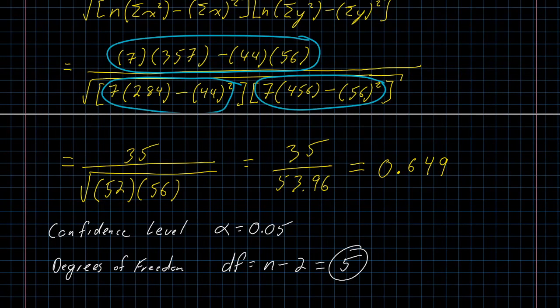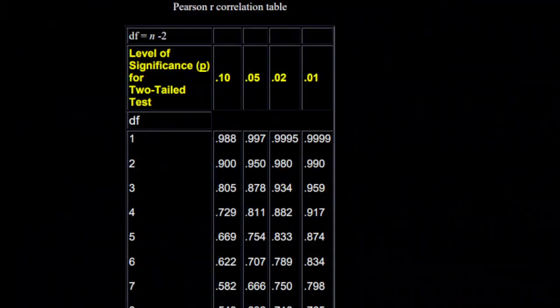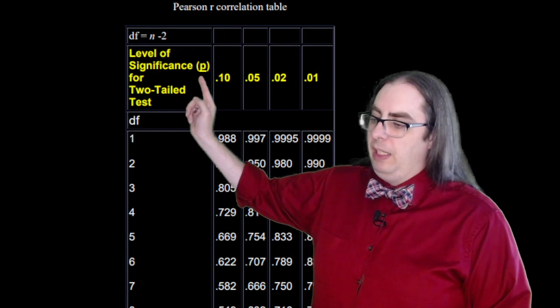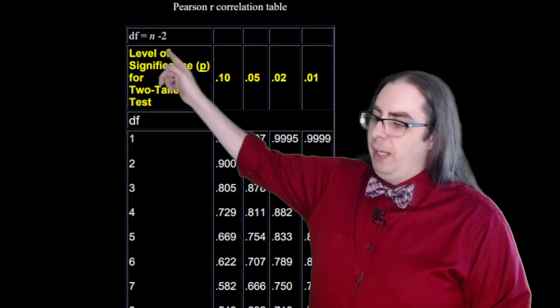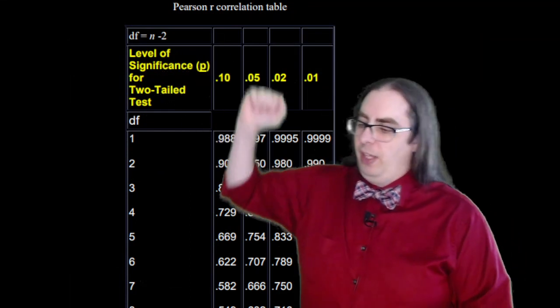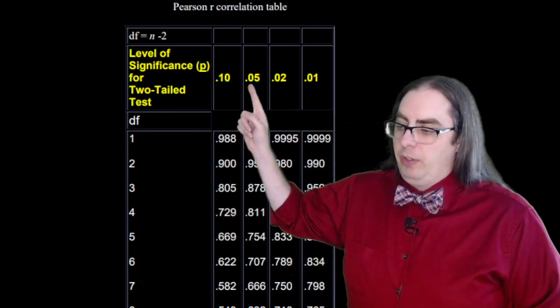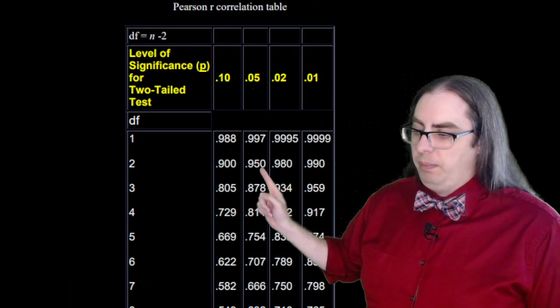Let's jump over now to a nice table of correlation values. This particular table calls the level of significance P instead of alpha, and it reminds us that the degrees of freedom is n minus 2. That's very convenient. We said we wanted alpha to be 0.05, so we're looking at this column.